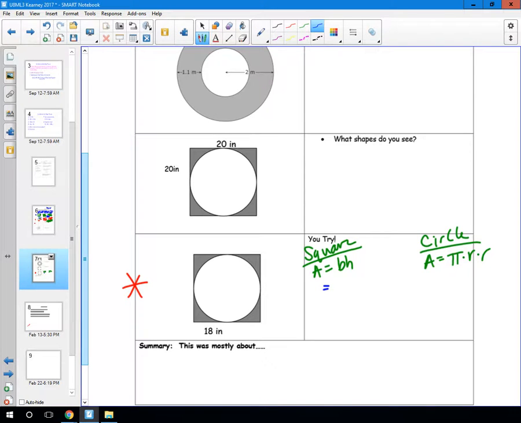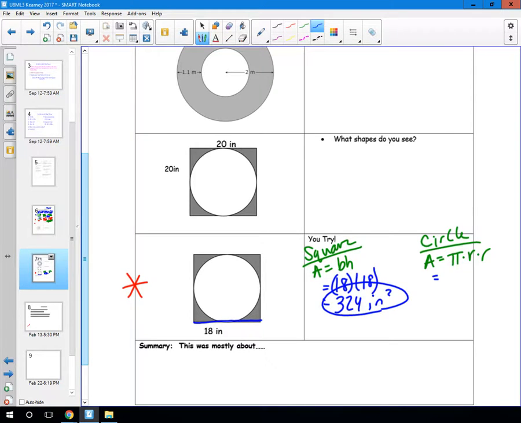So a square base times height would be 18 times 18, which is 324 inches squared. Okay. Area of my circle would be pi times radius times radius. So I know that from the bottom to one side is 18.